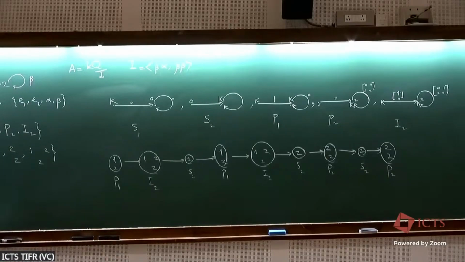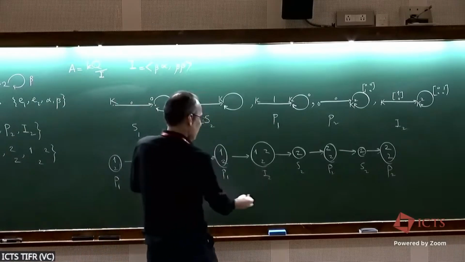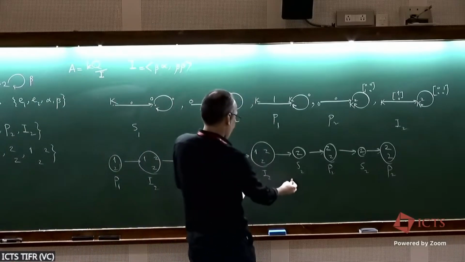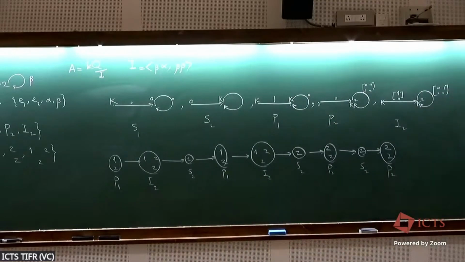For example, you can have a cycle P1 to P1, I2 to I2, S2 to S2. You have, again, P2 to P2. So it seems that pretty much everything lies on a cycle, right?